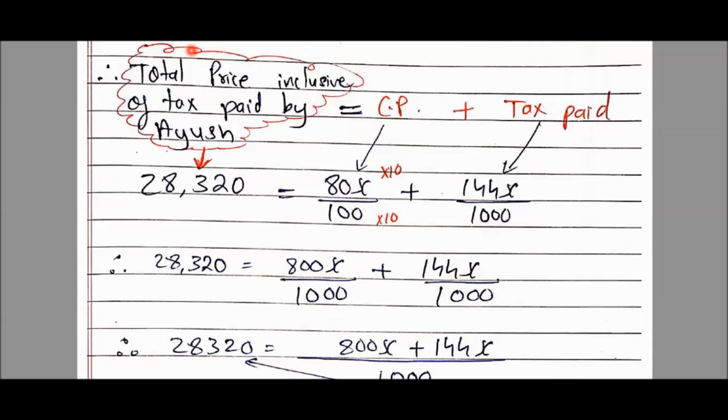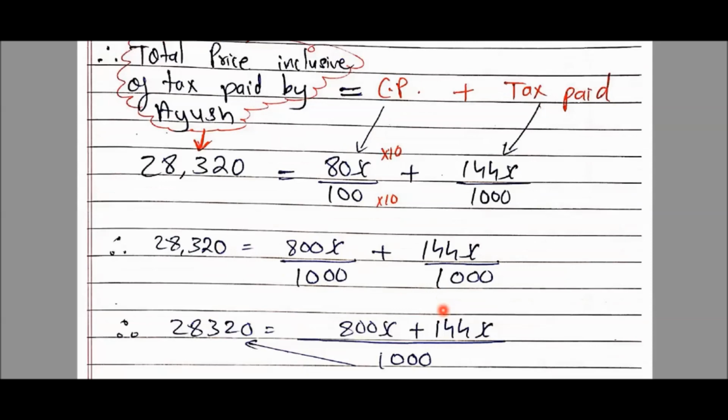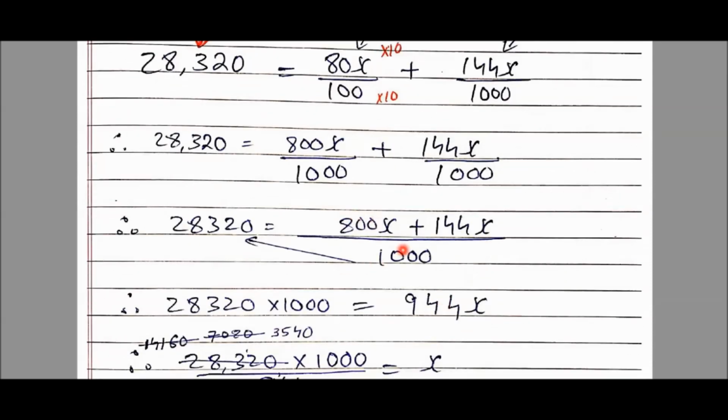See this. Total price inclusive of tax paid by Ayush is nothing but cost price plus tax paid. See the cloud. This is 28,320. I copied it here from the question. Cost price, I copied it from the previous slide. Tax paid, I copied it from the previous slide. Having common denominator 1000 here, 800x plus 144x here.